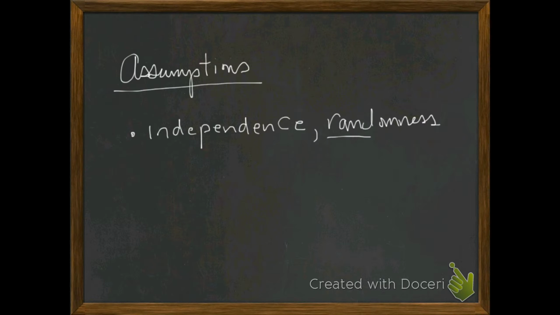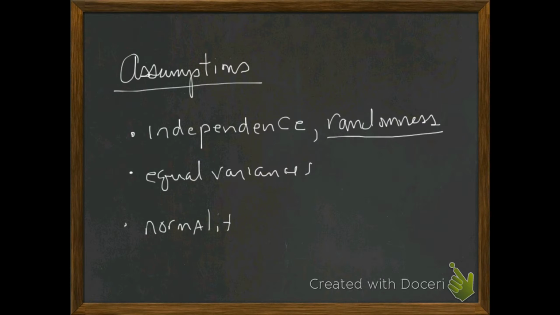So we're assuming that we have randomness here. The next thing we want is equal variances. And I'll show you a couple ways that we can take a look at that. And the next thing we want is normality. So one way that we can check both of these is to do side-by-side box plots.